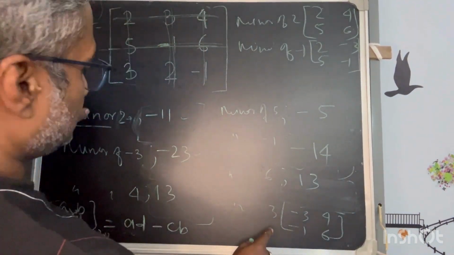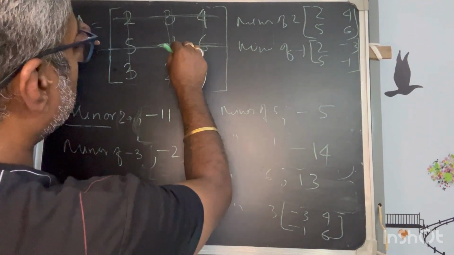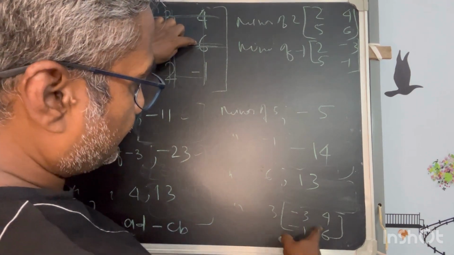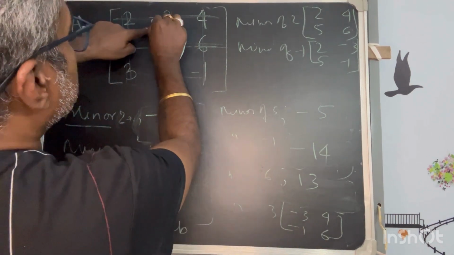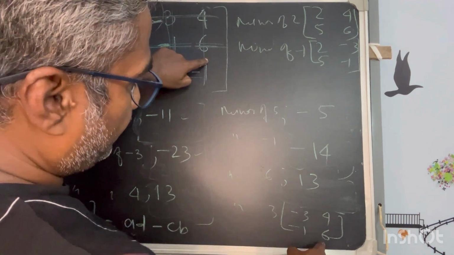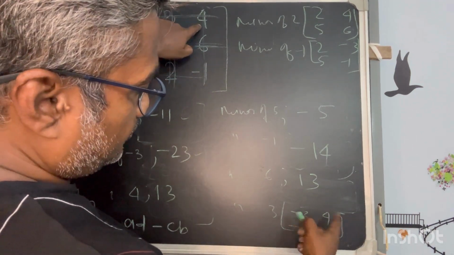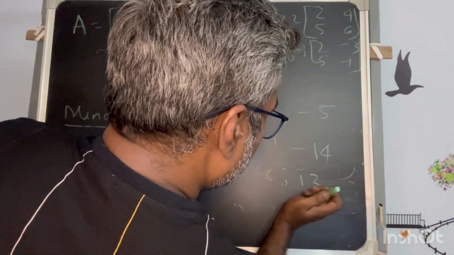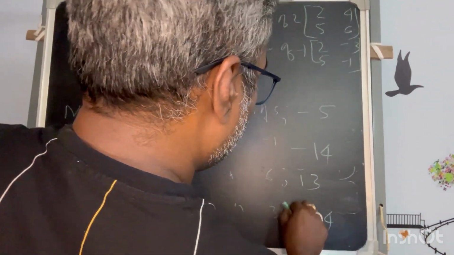Okay, this will be 3. So 3 means this one, this and this. So 3 into 18. This is minus. So minus 18 and plus 4. So this is minus 14. Fine.